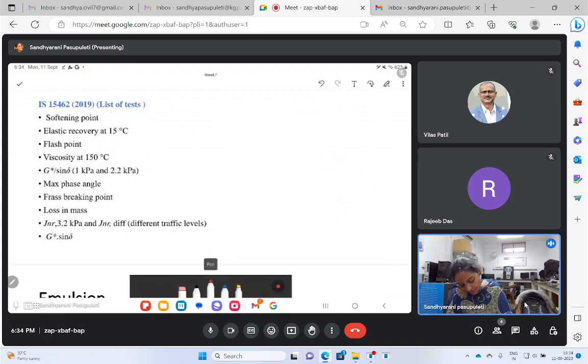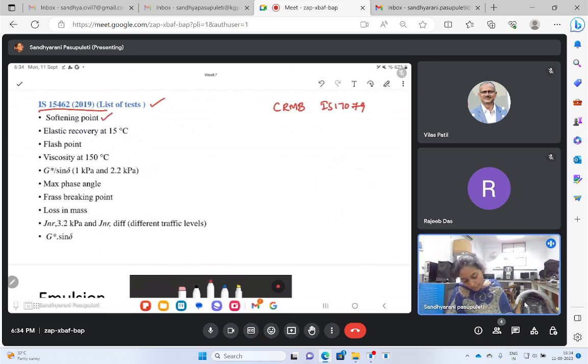So if you see IS 15462, this is the code for the polymer modified binders test. If you do it for crumb rubber modified, it is IS 17079. But if you specifically talk about polymer modified binders, it is IS 15462.